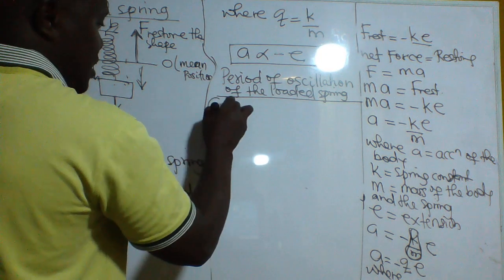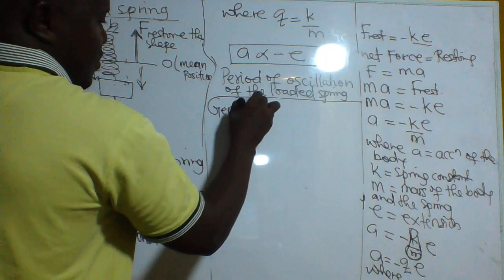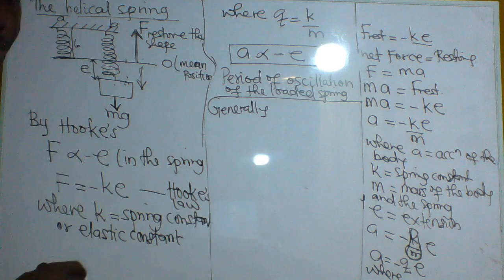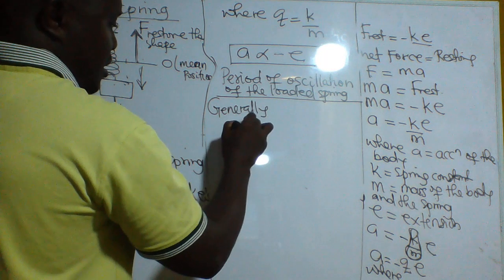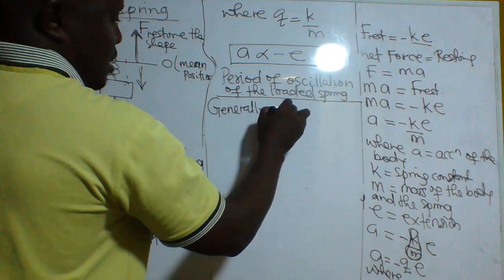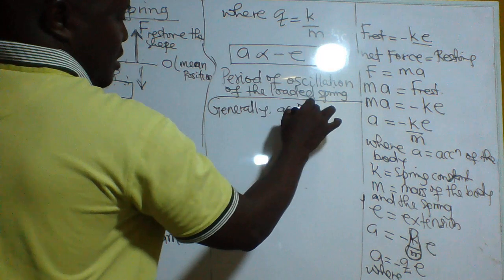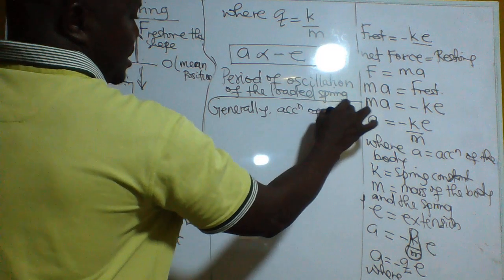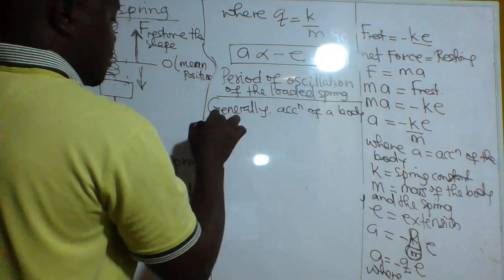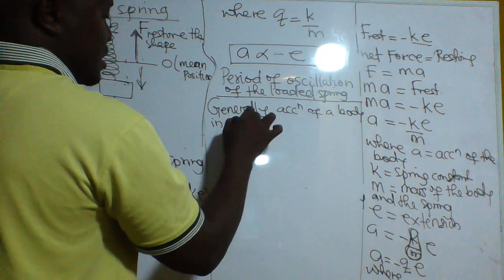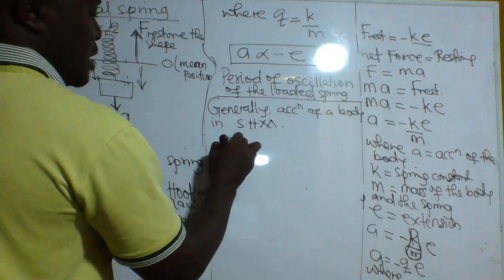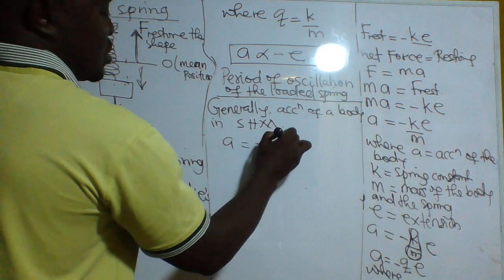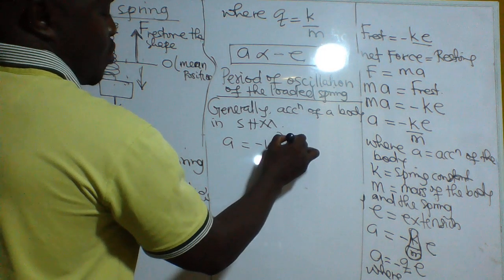Generally, the acceleration of a body doing simple harmonic motion, acceleration of a body in SHM, is given by a is equal to minus omega squared y.